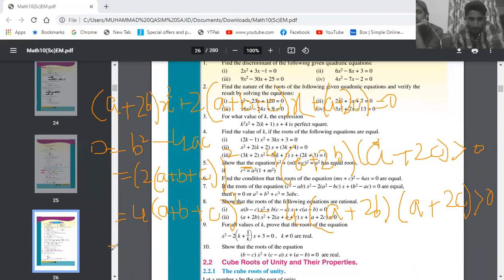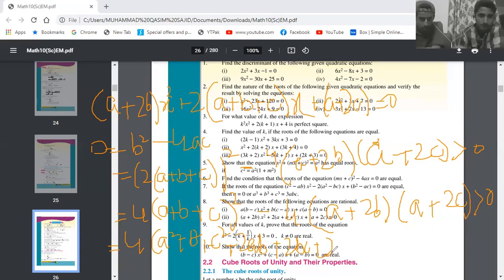Expanding, a plus b plus c whole square is a square plus b square plus c square plus 2ab plus 2bc plus 2ca.